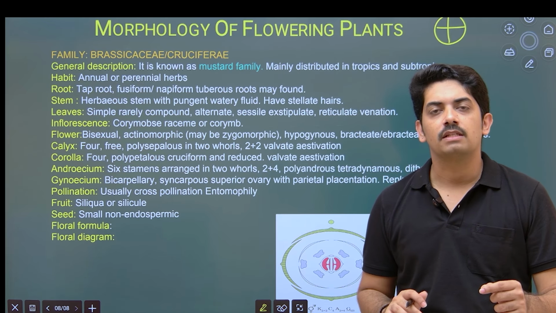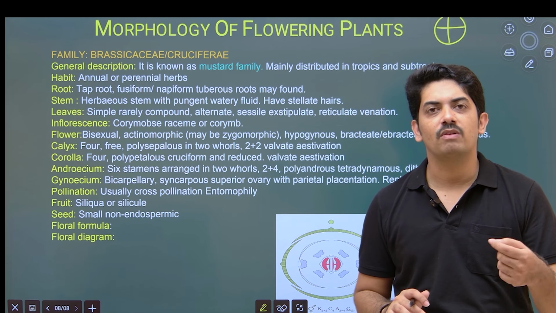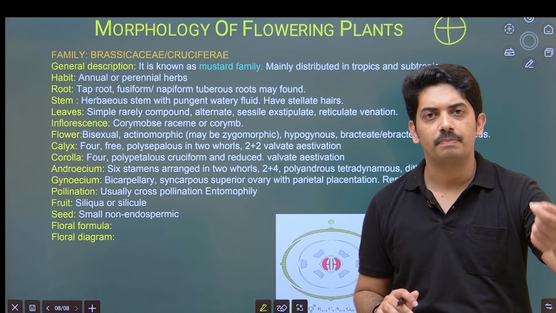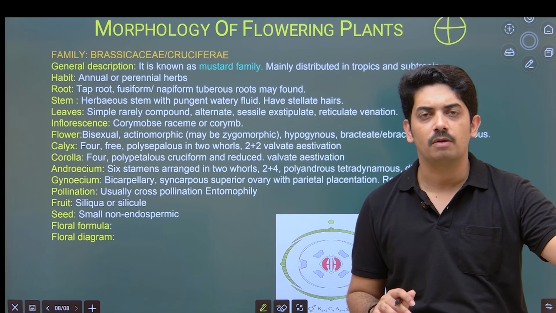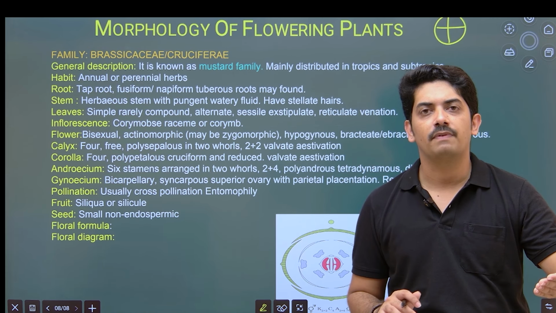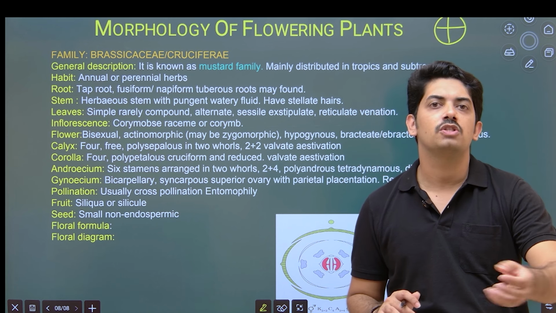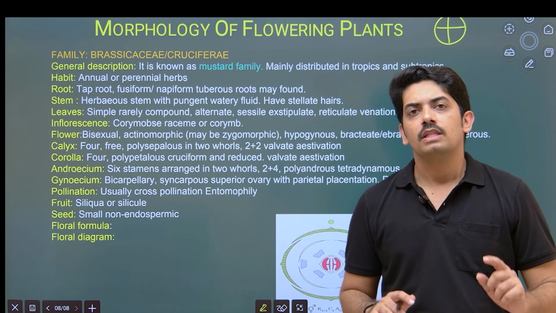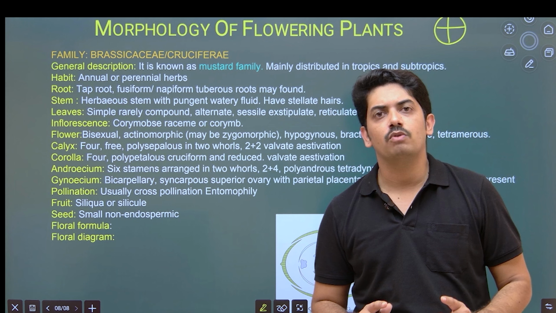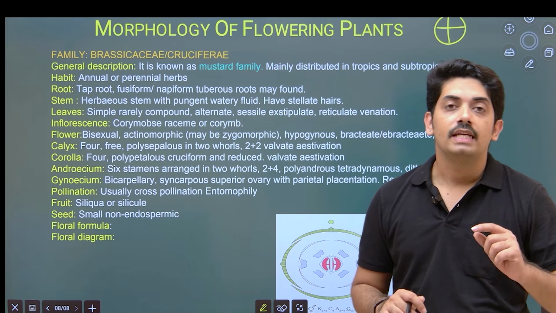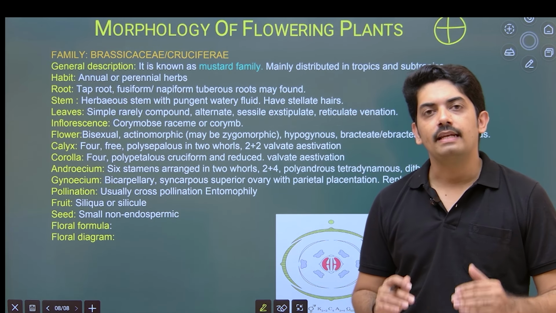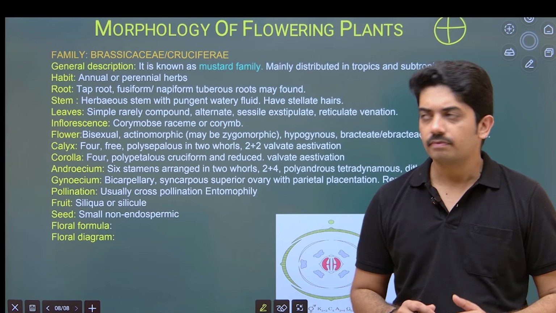Seed germinates, produces seedlings, seedlings develop into plantlets, plantlets develop into plants, the plant matures, produces flowers, produces fruit, fruit produces seeds, and the seed again germinates. So this is how the entire life cycle, vegetative growth and reproductive growth, is completed in 1 year. Then it is called annual.